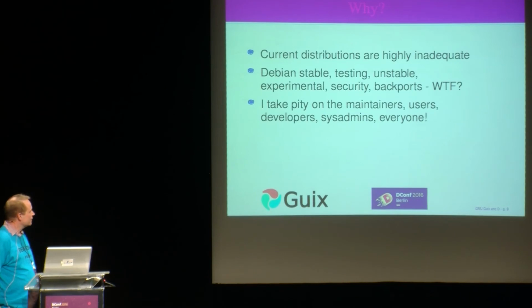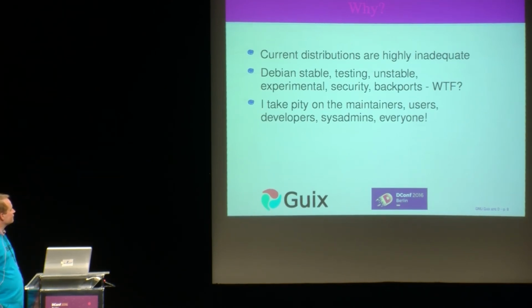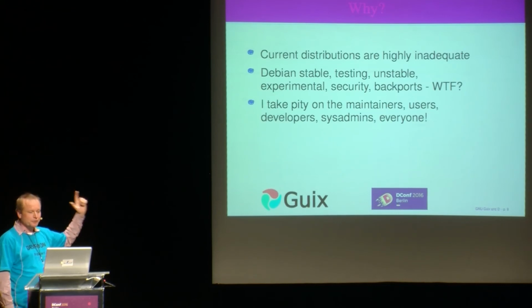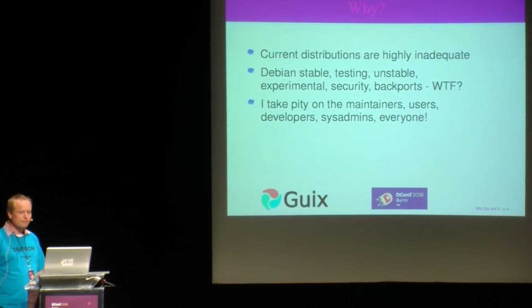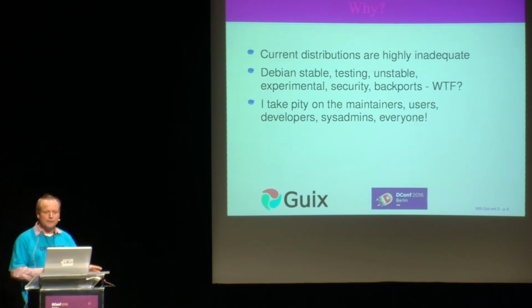Then a slight digression. I've got 2 more slides. Why do we have a stable distribution, a testing distribution, an unstable distribution, an experimental distribution, a security distribution, and a backport distribution? And I'm sure there are a few more. Why? It's because there's no other way to get a handle on the dependency graph if you don't do this properly.